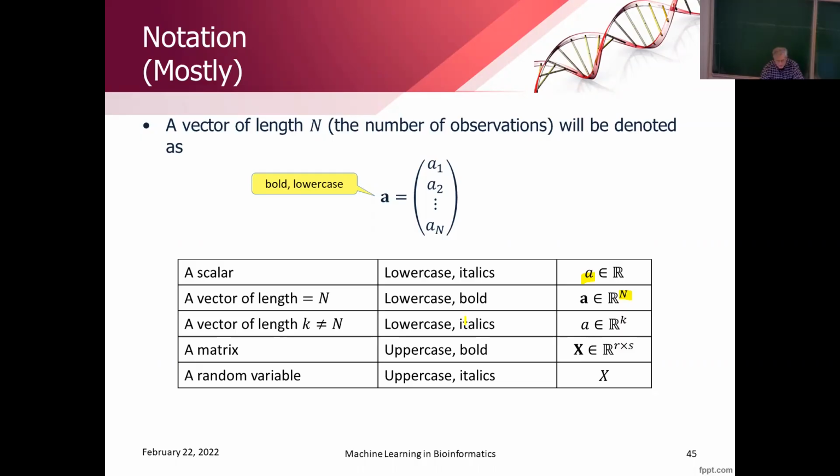If it is a vector, but of length different than N, then we will write it in a lowercase italics letter. If it is a matrix, we will usually write it in capital and bold, without italics. And if it is a random variable, it's usually capital and italics. So capital, uppercase, and italics. I will try to keep it in this form.